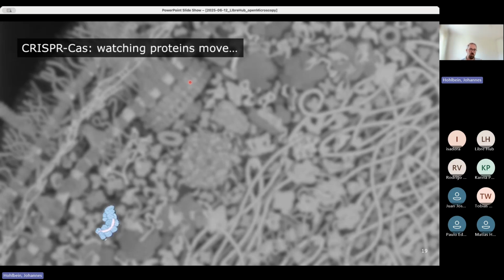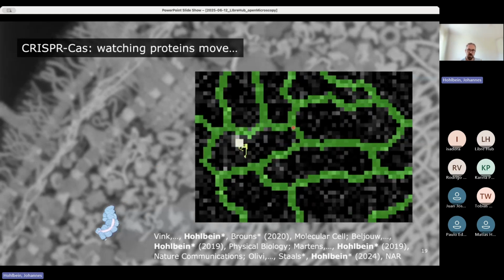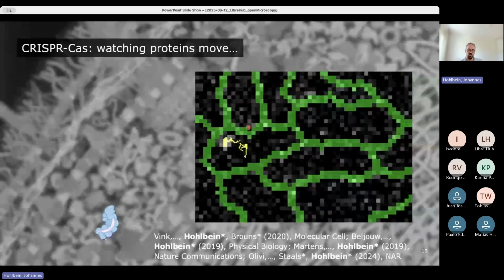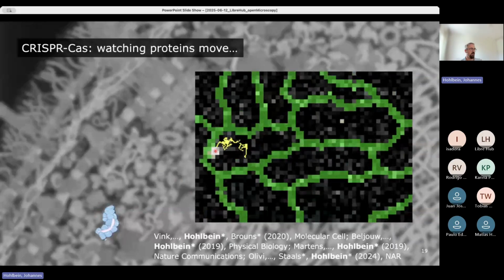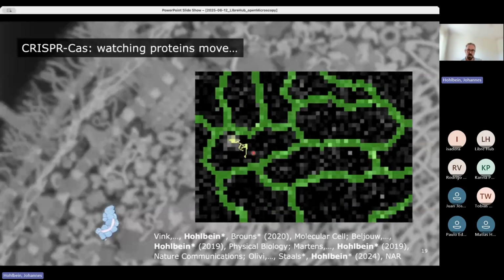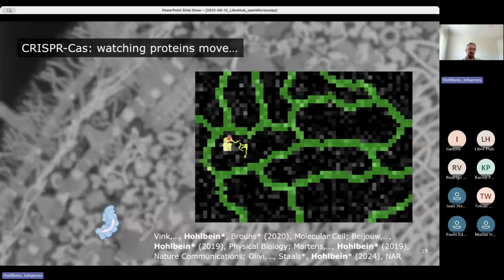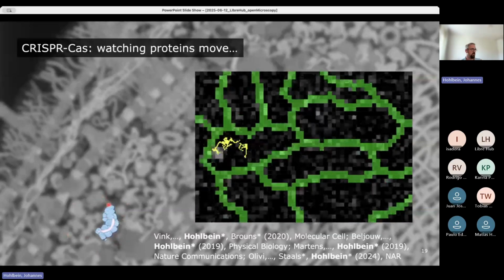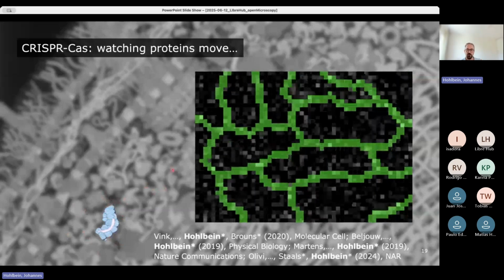Going back to our CRISPR-Cas molecule, we put a fluorophore on it and ended up with movies taken on a different microscope, where we see the outline of different cells next to each other in green, and we can track the movement of a single protein as a function of time. This is a very long track, relatively long for a fluorescent protein, and we are very happy with that. We then used the analysis of this dynamics to get an idea of what this CRISPR-Cas molecule is doing in a cell, how fast it can find certain sites on DNA, and so on.